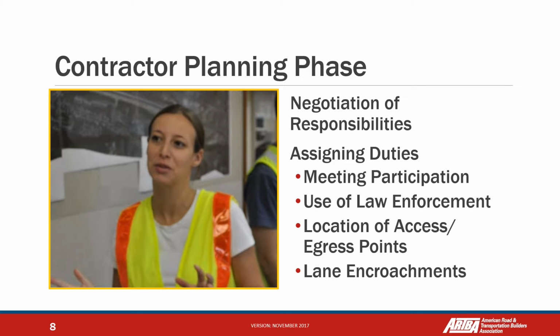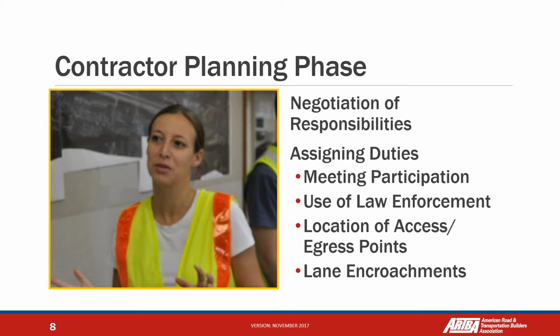So, contractor planning phase, negotiation of responsibilities, who is going to do what. We were talking about it before when we talked about the responsibilities of each person in the internal traffic control plan: the project manager, the safety personnel, the superintendent, the foreman, the workers on foot. So what are the responsibilities?